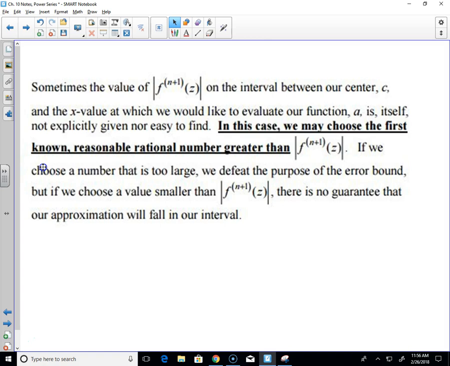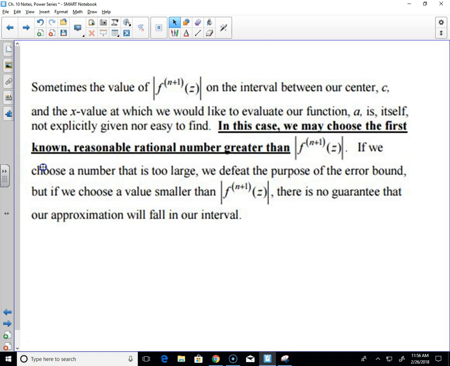We might not be sticking exactly to the maximum value on a certain awkward interval. We might just be choosing the first known reasonable rational number. So instead of using sine of some weird decimal that we don't know, we might say, worst case scenario, we know sine is maximized at 1. We'll use 1 instead of that weird decimal, and the whole point is that we don't know what's going on and we're trying to approximate with this other method.